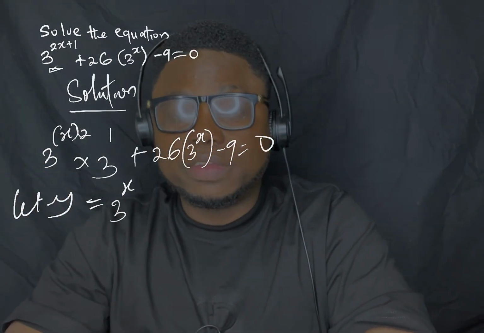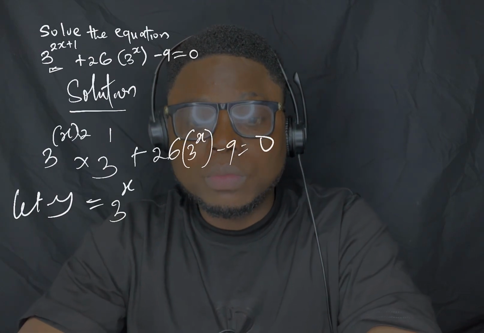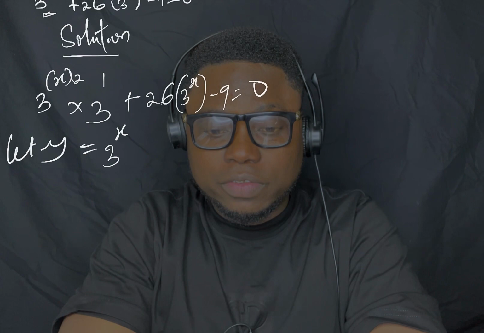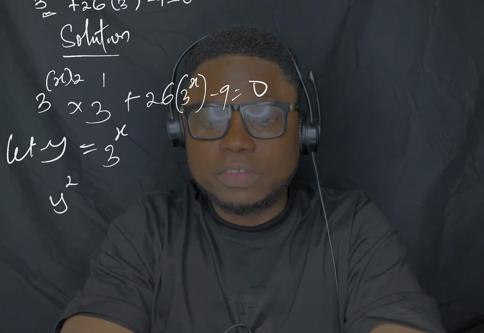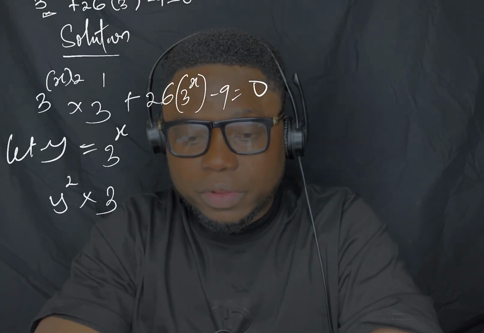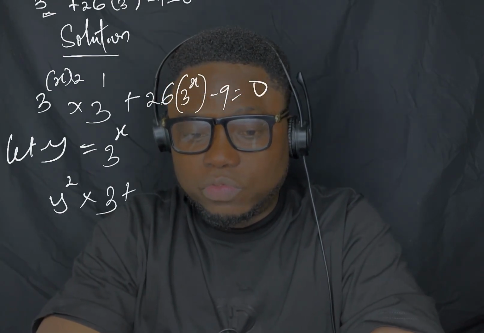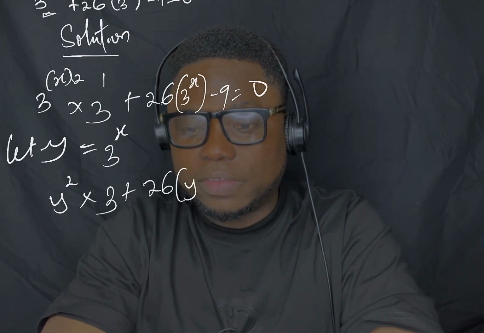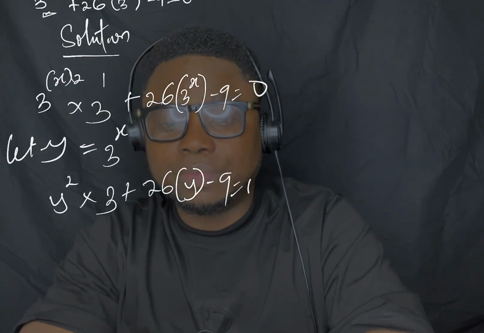This will make it easy to solve. So I'm going to write y raised to the power of 2 times 3 raised to the power of 1, which is the same thing as 3, then plus 26 brackets y minus 9 is equal to 0.